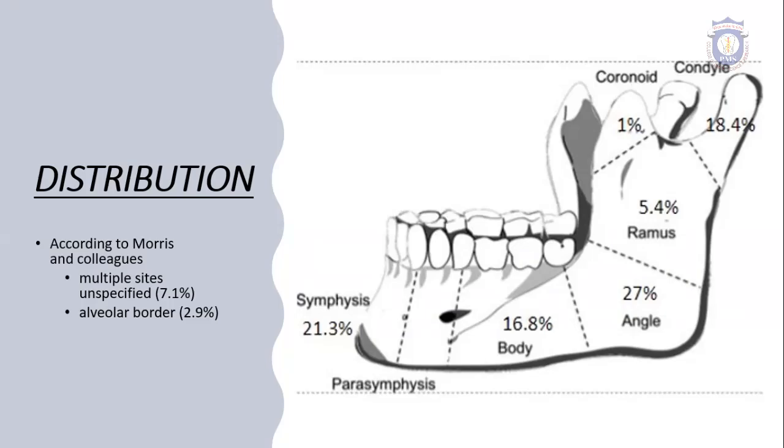Condylar fractures account for the third or fourth most common prevalence. The least common fracture is the coronoid, because direct trauma is always protected against. It's underneath the zygomatic arch, so it is always protected by the arch. So it is less common, unless, because of heavy muscle pull and trauma, it can fracture.